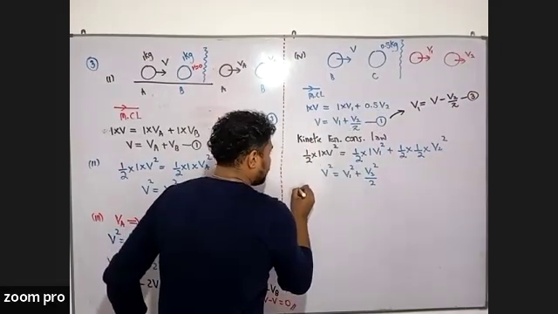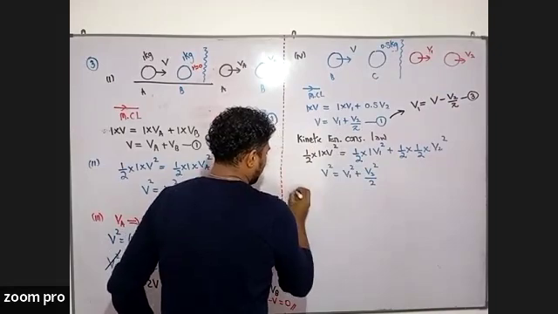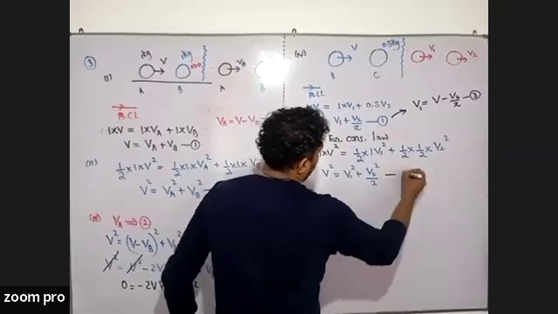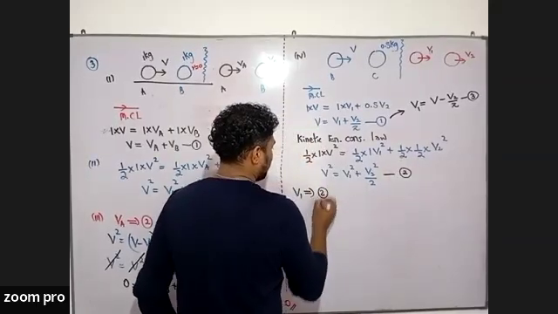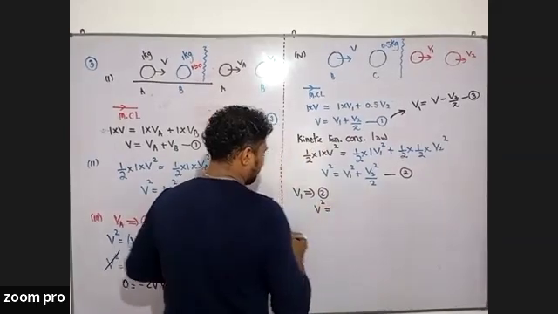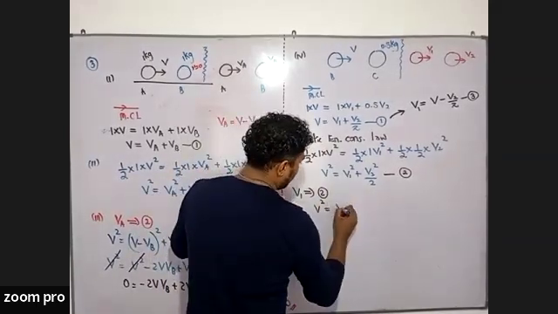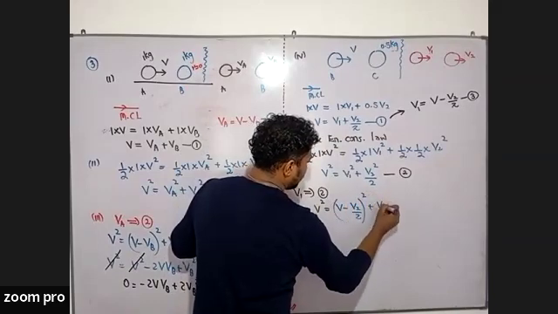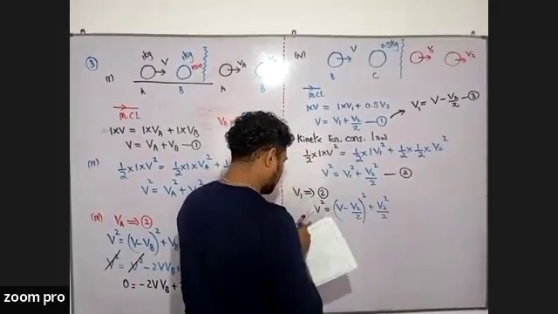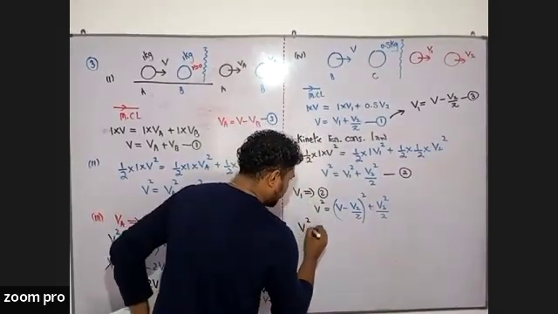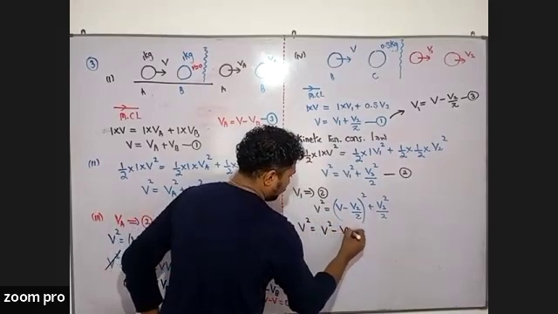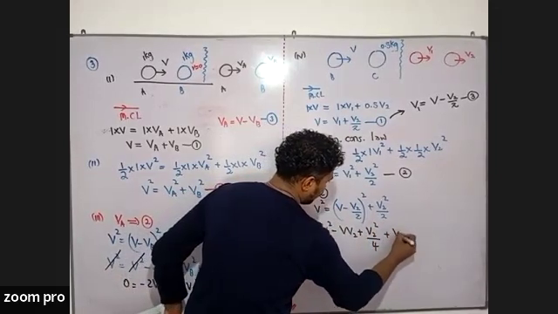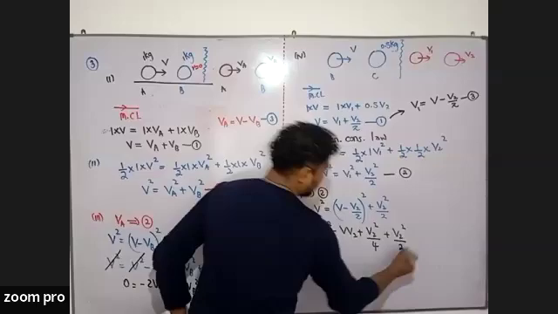So let's substitute the V1 value obtained in the third equation into the second equation. Hence, V squared equals (V minus V2 over 2) squared plus V2 squared over 2. Then V squared equals V squared minus V V2 plus V2 squared over 4 plus V2 squared over 2.